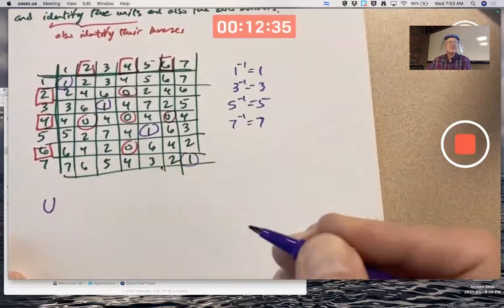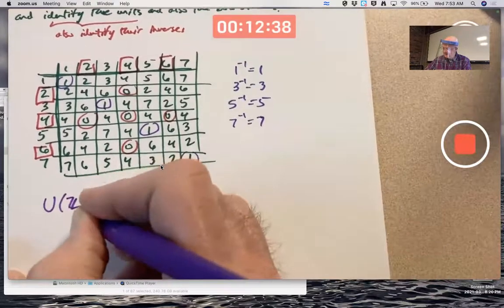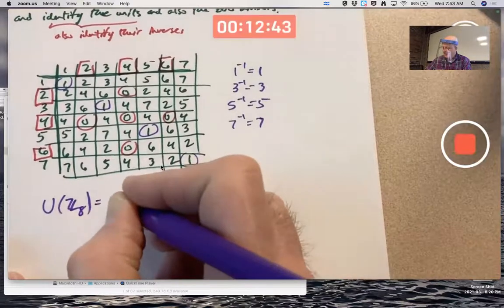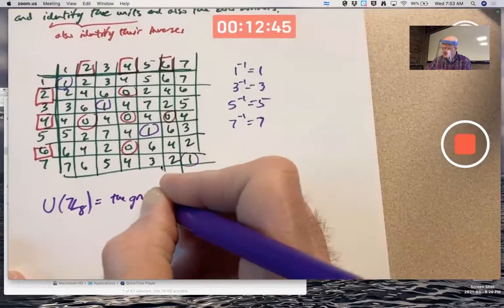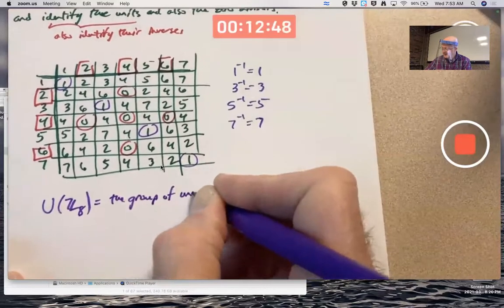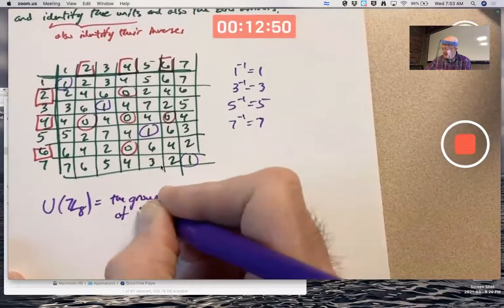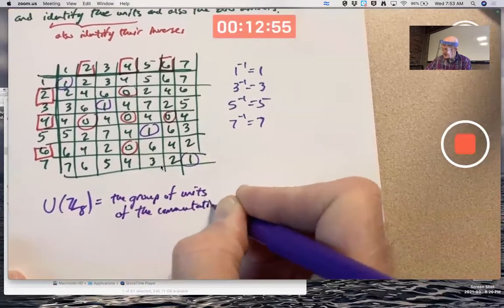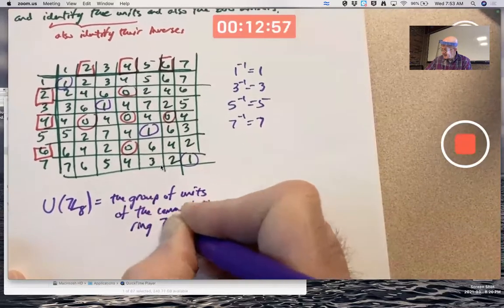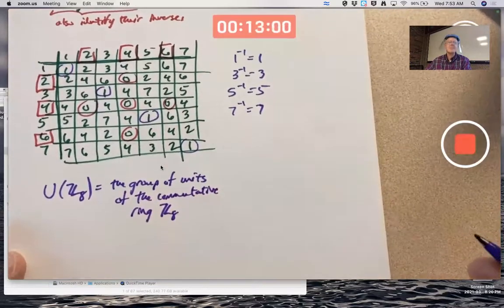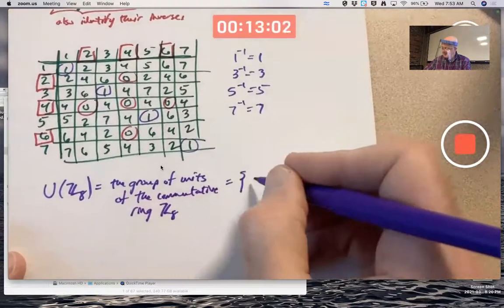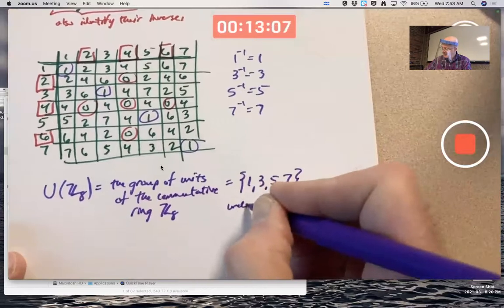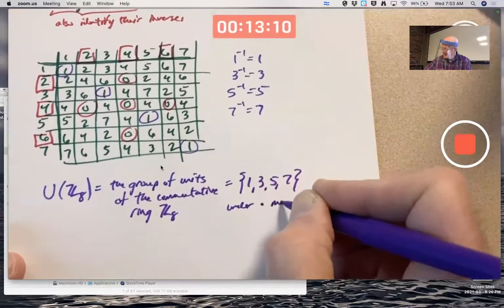U of Z8 is the notation for the group of units of the commutative ring Z8, as a set consists of 1, 3, 5, and 7 under multiplication mod 8, dot mod 8.